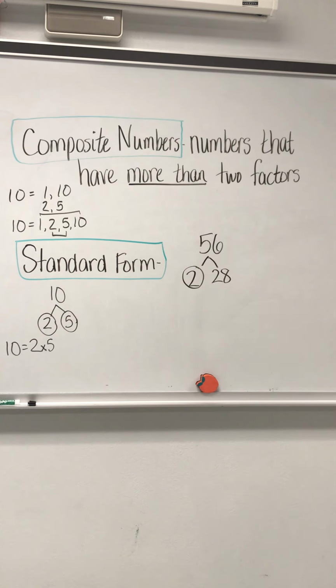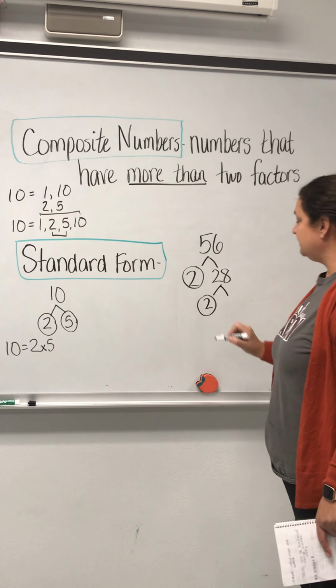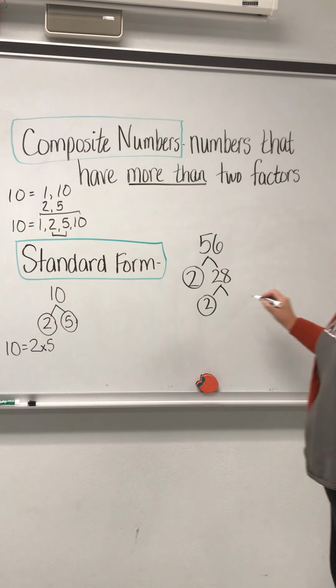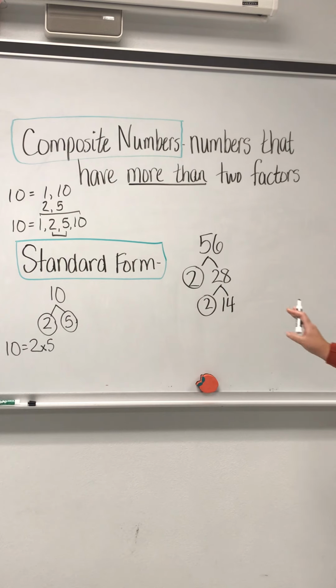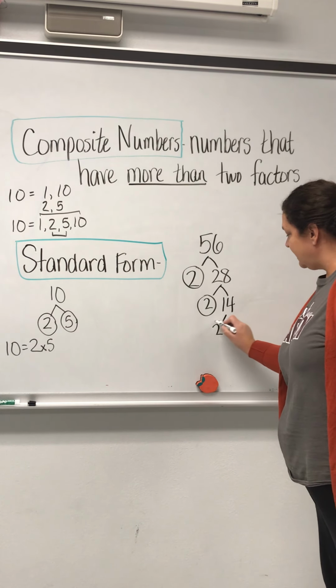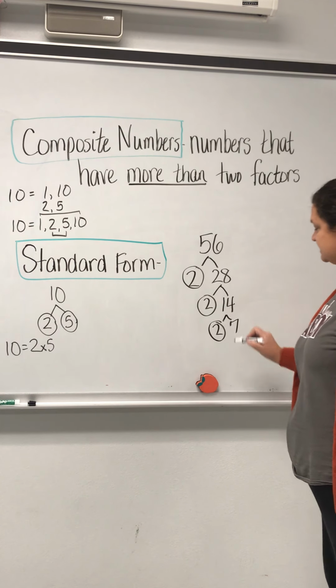Now 28 is also an even number, so I know automatically that 2 is going to go into it, and that's a prime number. 28 divided by 2 is going to give us 14. Whoa, 14 is another even number. So I know 2 goes into that, and it's prime. 14 divided by 2 gives us 7.